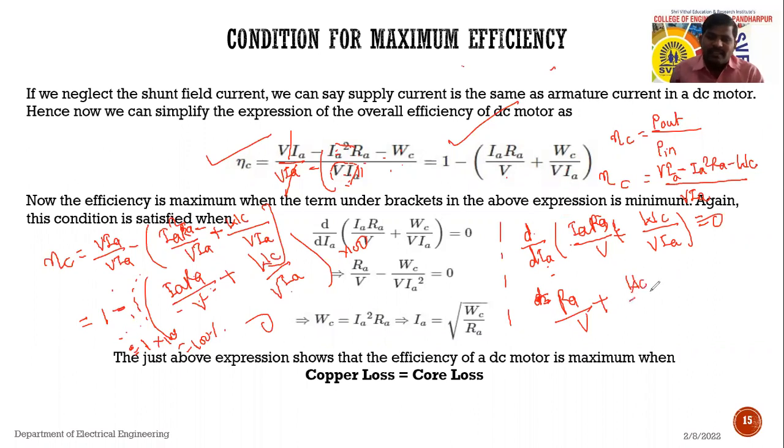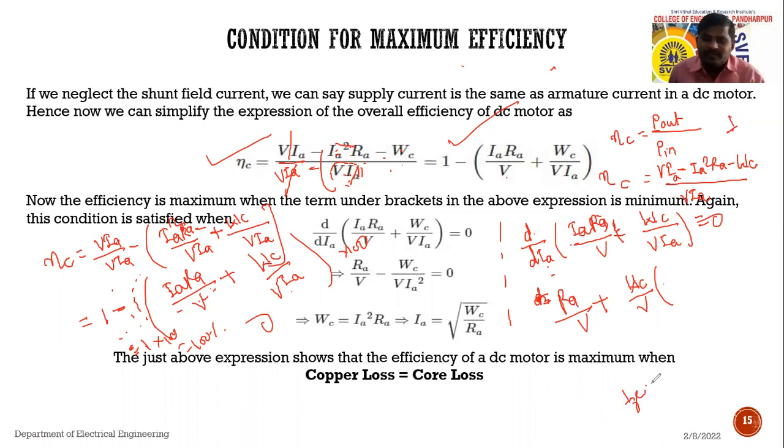WC is constant, divided by V is constant. Differentiation of 1 upon IA with respect to IA. What is the differentiation of 1 upon x with respect to x?